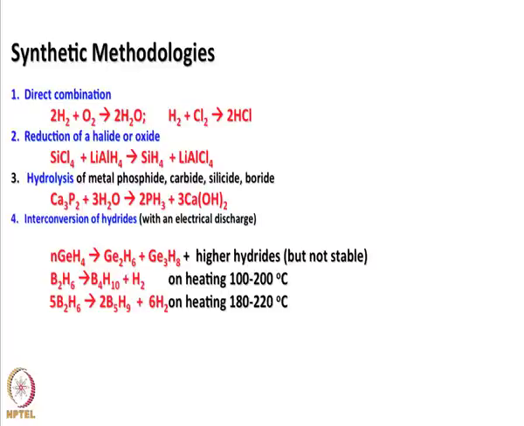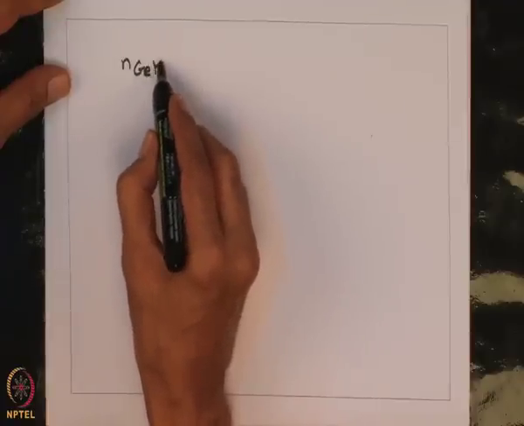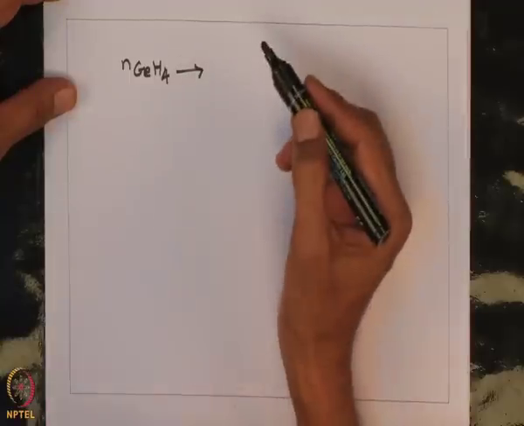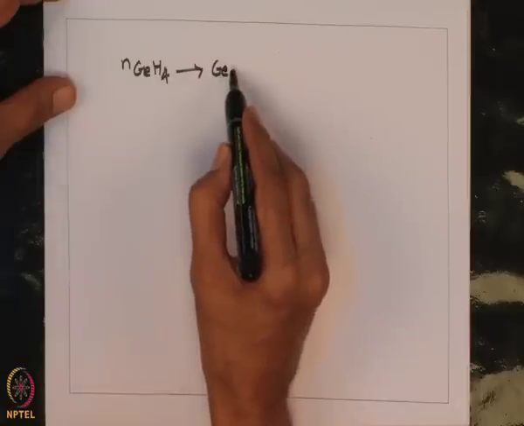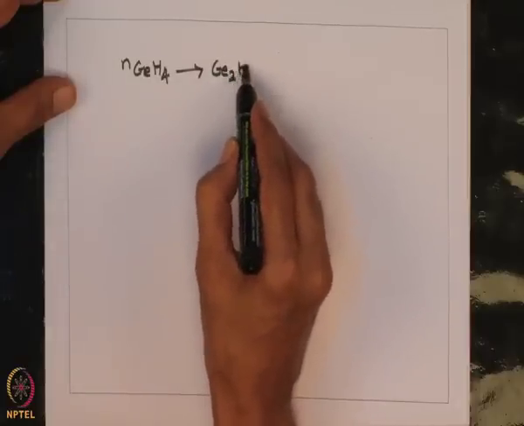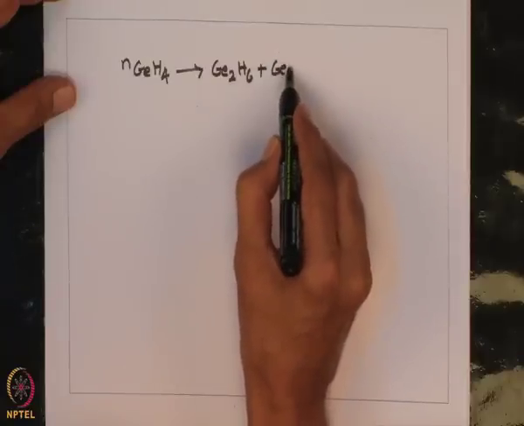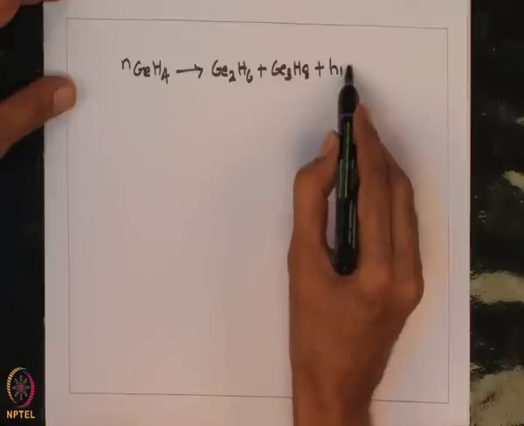So, interconversion of hydrides also leads to the formation of several other hydrides. Let us look into a few examples here. Germanium hydride, when it is heated, gives higher analogues such as Ge2H6, similar to ethane, and Ge3H8, similar to propane, plus higher hydrides.